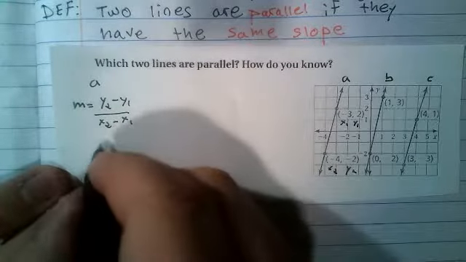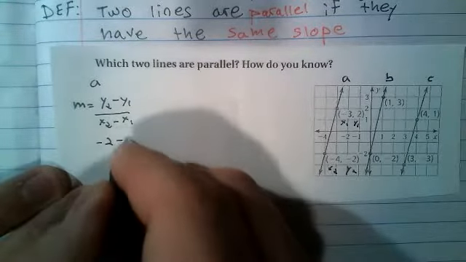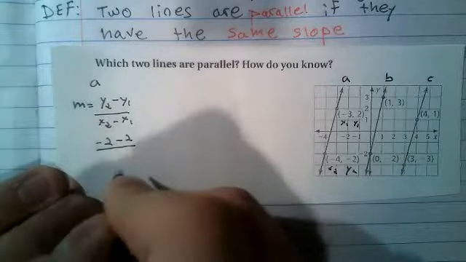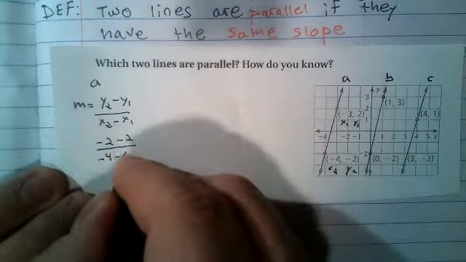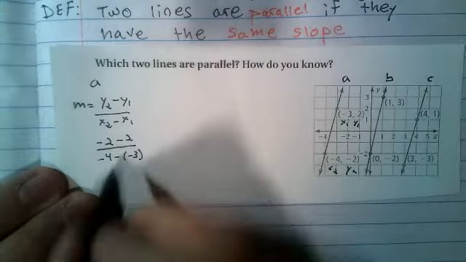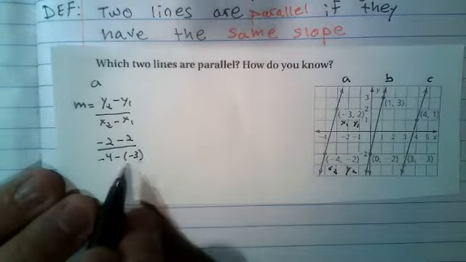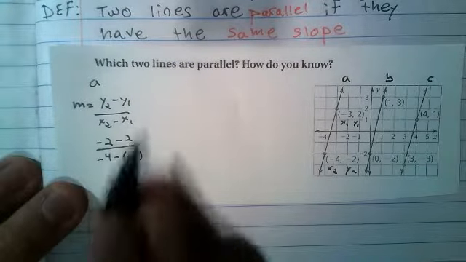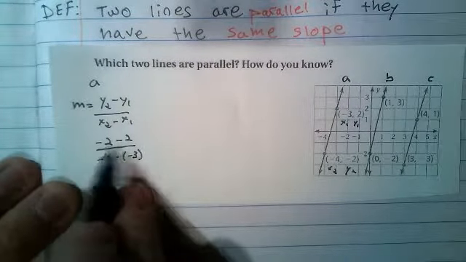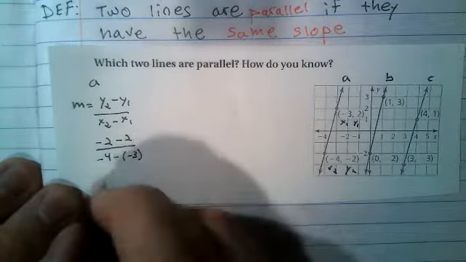I get negative 2 minus 2 over negative 4 minus negative 3. Be careful here because I'm subtracting a negative number. When I reduce this, negative 2 minus 2 is negative 4.